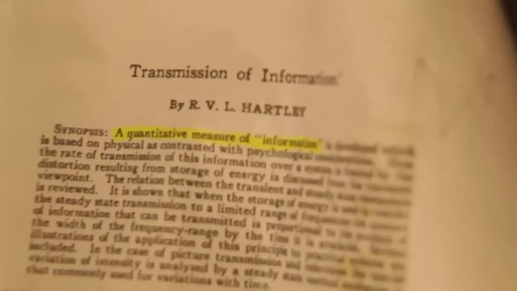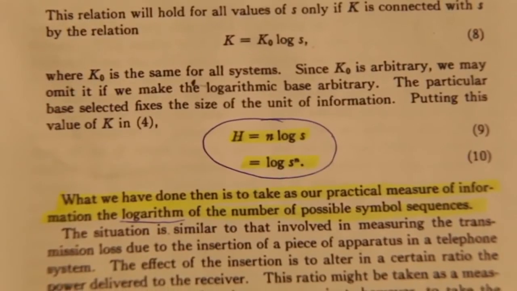And in it, he defines the word information using the symbol H as H equals n times the logarithm of s, where H is our information, n is the number of symbols, whether they're notes, letters, numbers, etc., and s is the number of different symbols available at each selection.